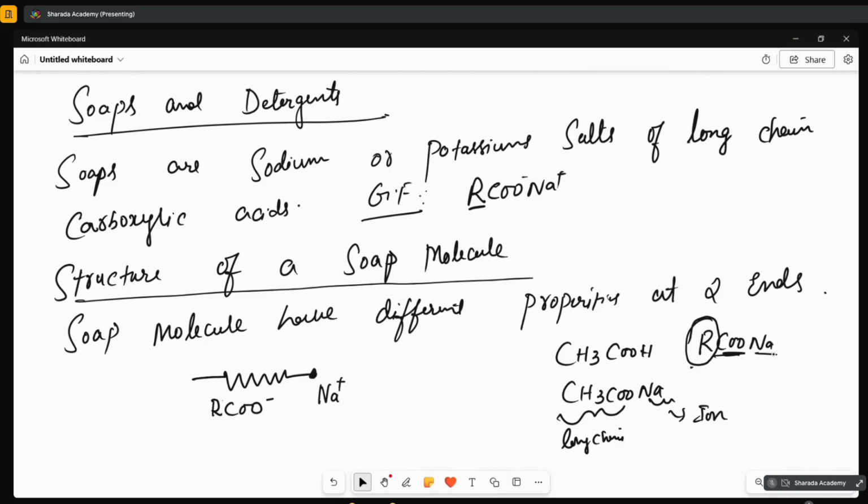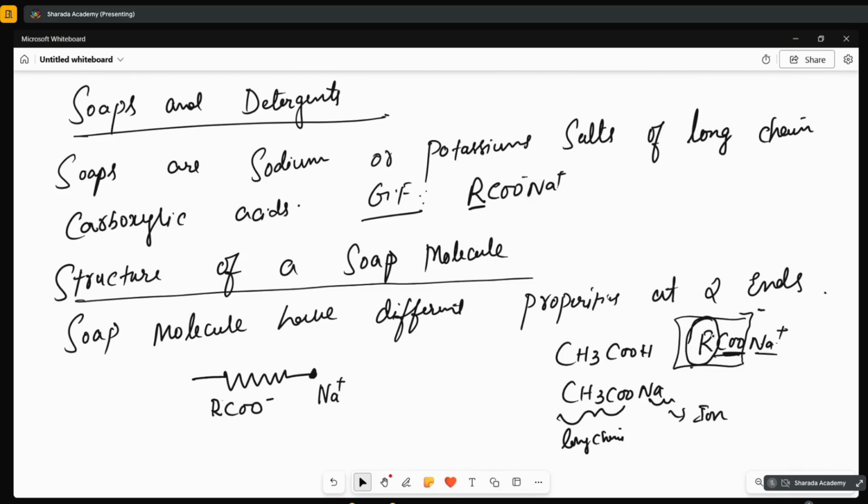Now, what happens? This is the minus part, and this will be Na plus. So Na plus is an ion. Sodium ion will dissolve in the water, whereas this carboxylic chain will not dissolve in the water.